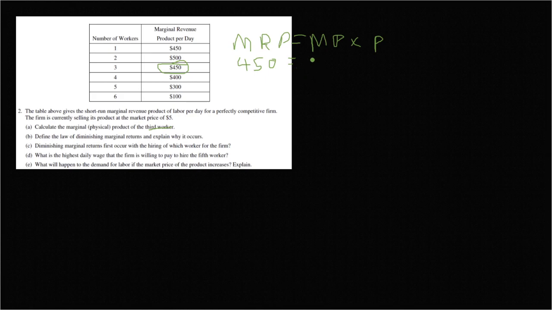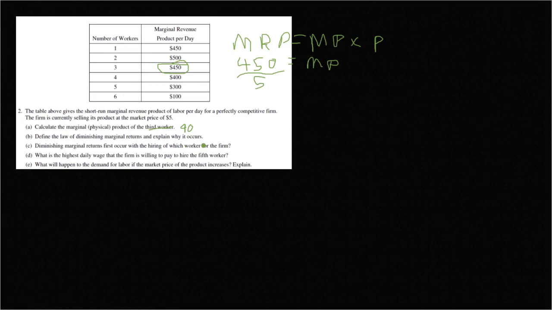So this is just some number, I'll leave it at MP. And we also have the price. The price is $5. So we could just divide this side by 5, and that's the marginal product. 450 divided by 5 is 90.